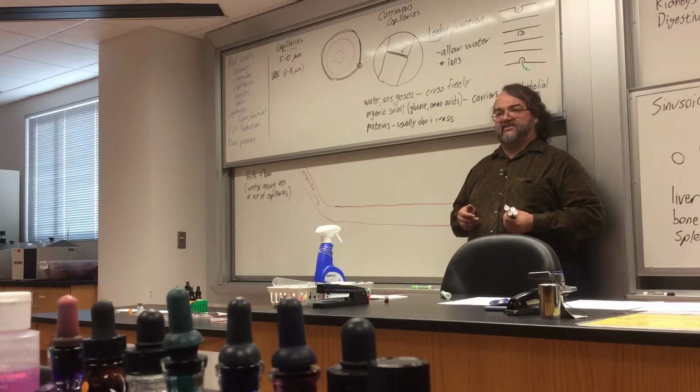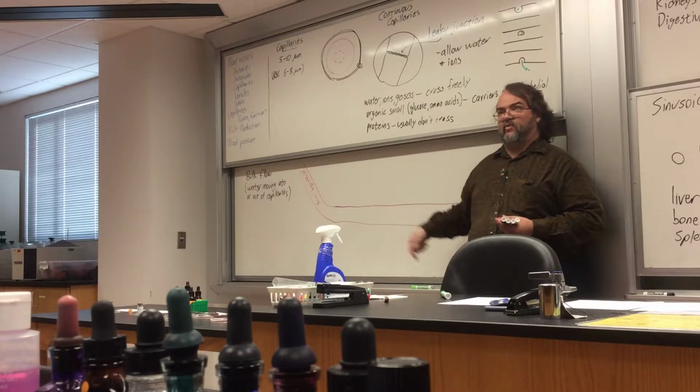Is there anything else that's differently distributed? Say plasma, 92% water, 1% other, including electrolytes. What's the other 7%? Can protein cross these walls?